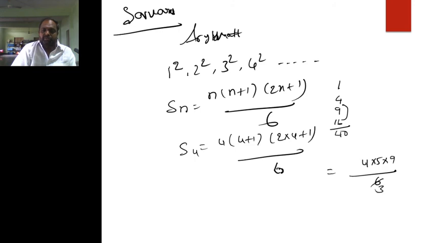That gives 30. So we will get 30 here also. So it is easy for a limited number of terms, we can find it using this formula.